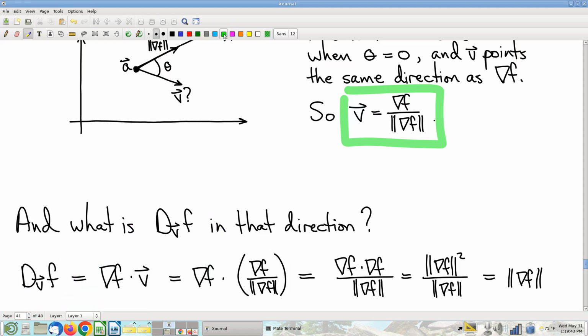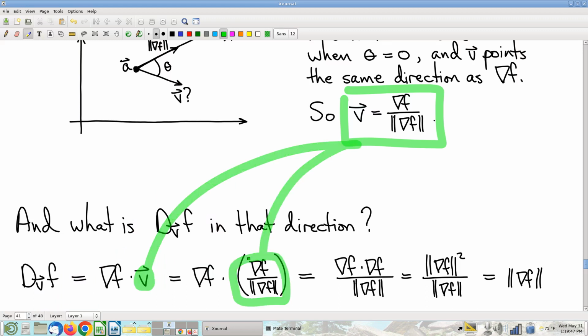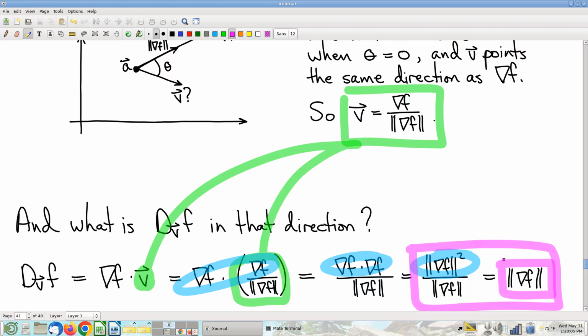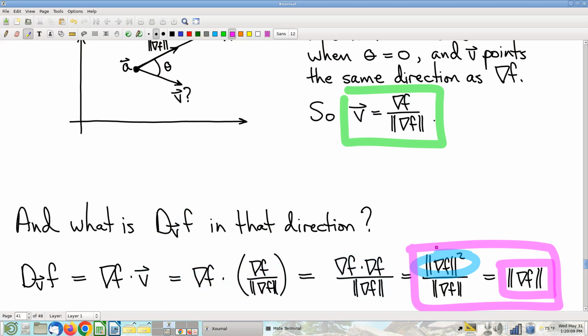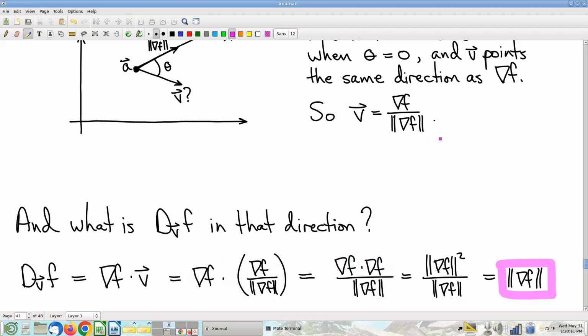We just agreed that V is the normalized gradient. Gradient dot gradient is magnitude squared. And magnitude squared divided by magnitude is magnitude. So another nice little calculation, easy in the big scheme of things. And the magnitude of the gradient is the answer.